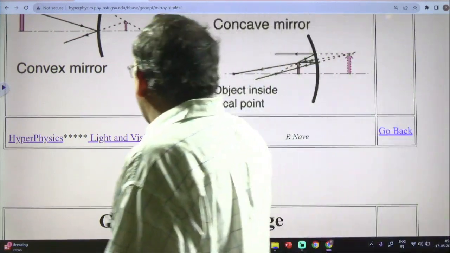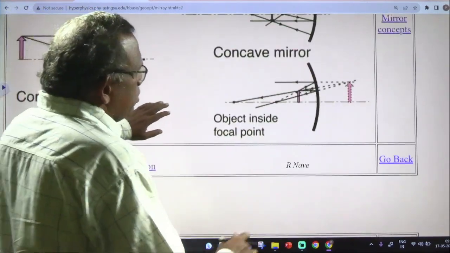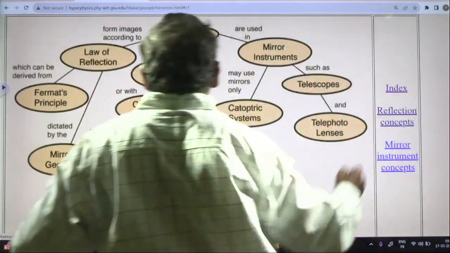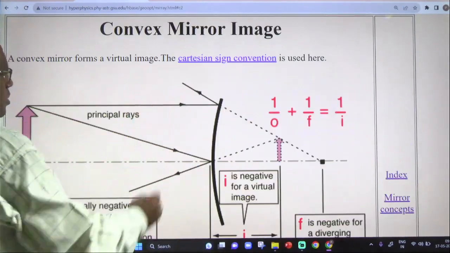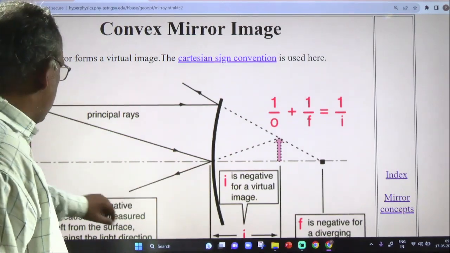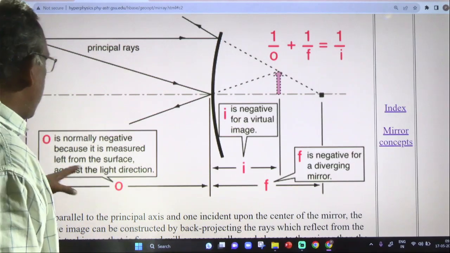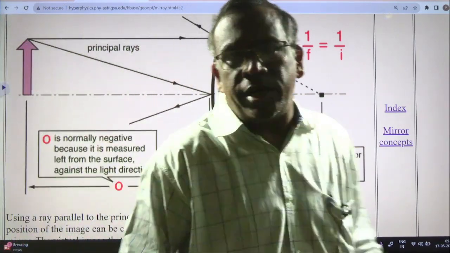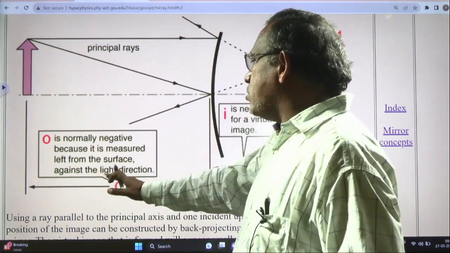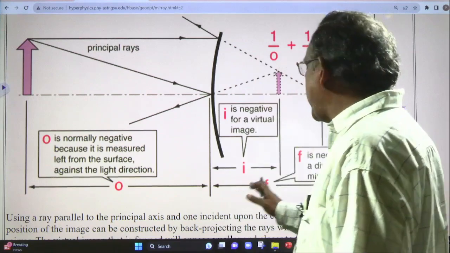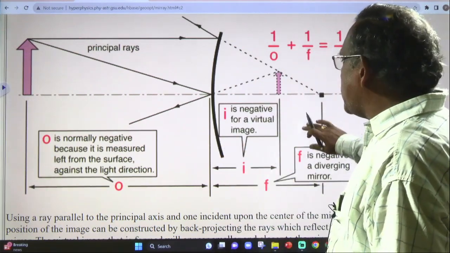Sign conventions are also important in mirrors. If you are taking the left side of the mirror, that should be taken as negative. The right side of the mirror should be taken as positive. You have to understand these points.